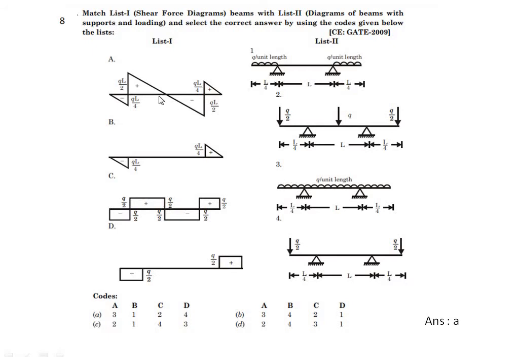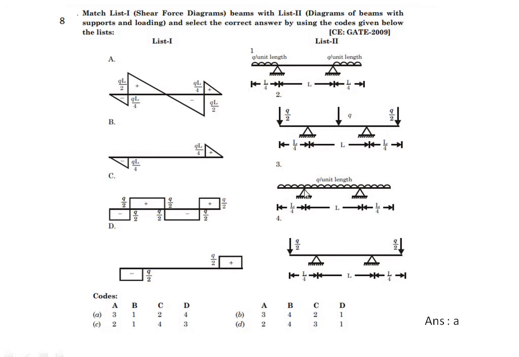Now we have to move further on the shear force diagram. Again you are finding a slanting line, which means a linear variation from this point to this point, so again we are going to have a UDL. So we can converge on option 3.